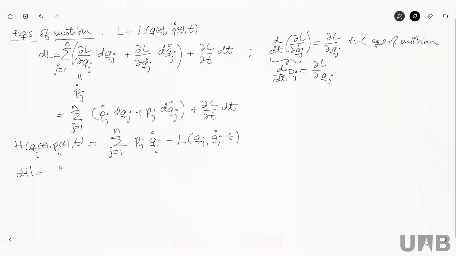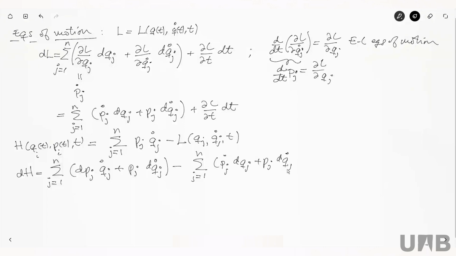And this is the sum from j equals 1 up to n of the first term, dpj q dot j plus pj dq dot j, minus dL, but dL is written up here. So this is minus the sum from j equals 1 up to n of p dot j dqj plus pj dq dot j, minus the derivative of L with respect to t dt. All right?